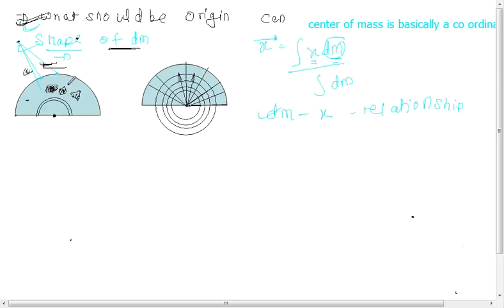Because if you choose a triangular shape, let's suppose, then this length and this length cannot be the same. It is not possible.